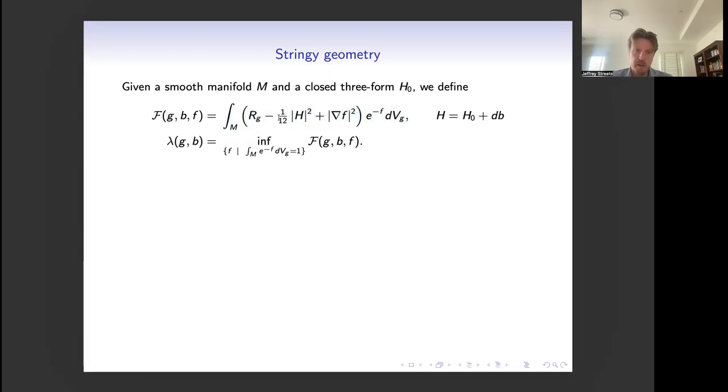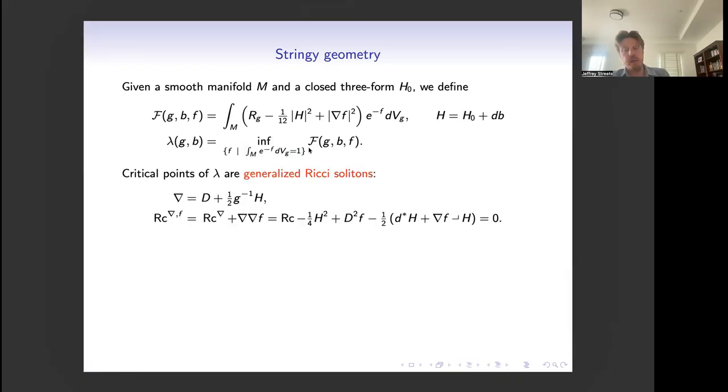I integrate the scalar curvature minus 1/12 the square norm of H plus the square norm of the gradient of f, all integrated against this weighted volume form. Here, as always, H will be H naught plus dB. And I can define this lambda quantity where I take the infimum of script F over all unit mass measures in this sense.